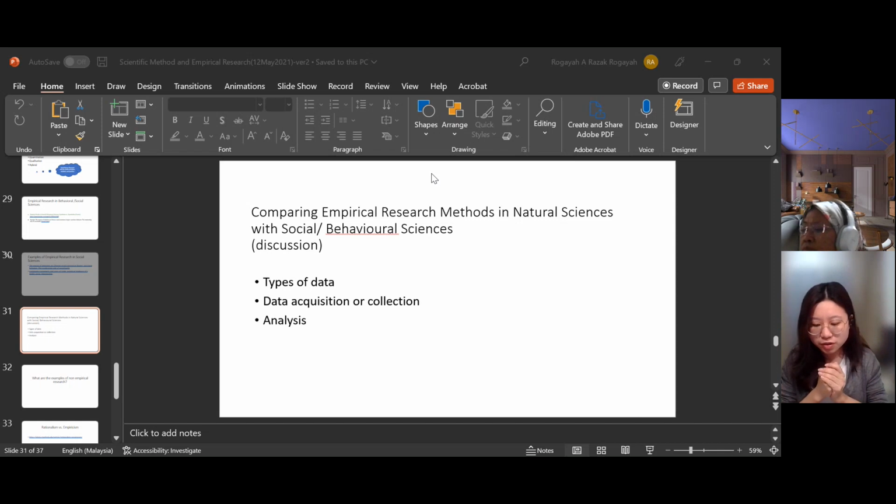So that would be social behavioral sciences compared to natural sciences, which focus more on natural phenomena. So what would be the natural science of the topic of floods in Malaysia within the 3 years?